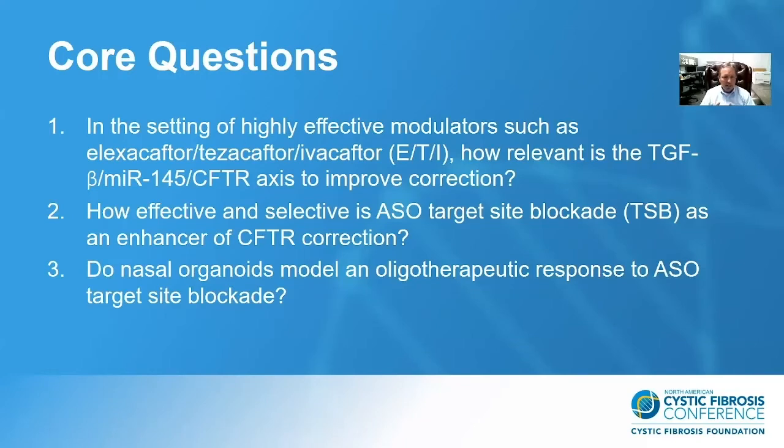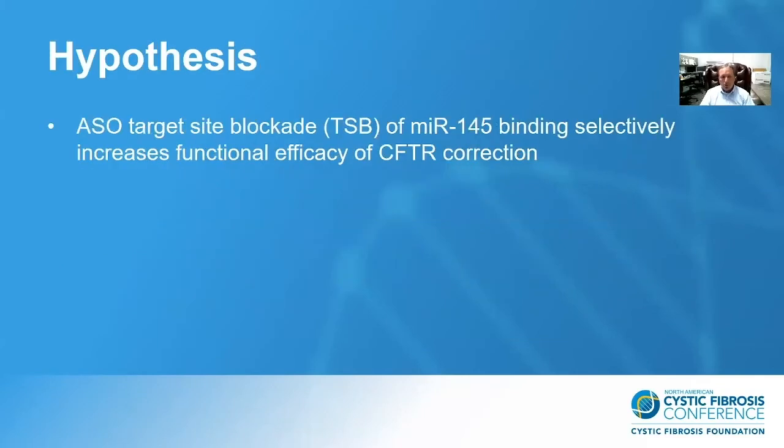Second, how effective and selective is the ASO target site blockade as an enhancer of CFTR correction? Is it as selective as we anticipate theoretically? And third, do nasal organoids provide a human biospecimen that can model an oligotherapeutic response to ASO target site blockade?